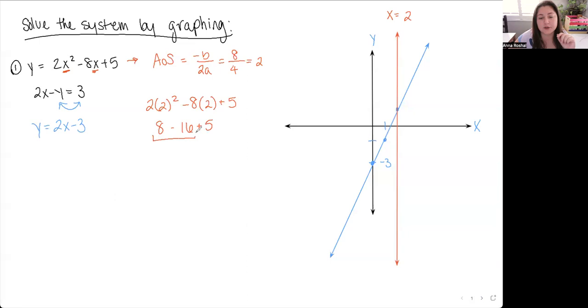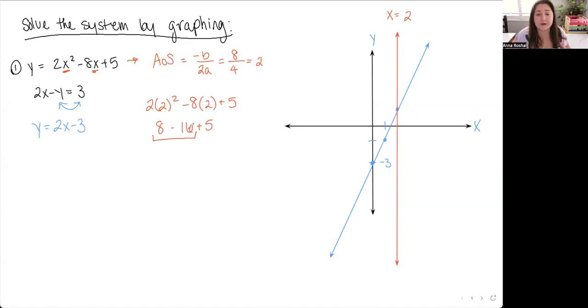So one of the things that you're going to notice every single time you look for your vertex is that the first term is always half of the second. But if you're just not sure what the answer is going to be, it's always going to be this number.